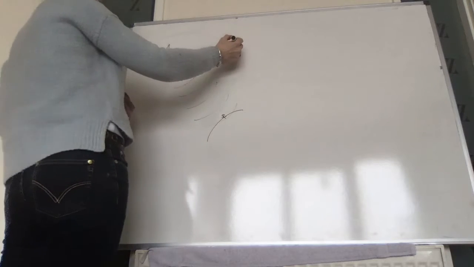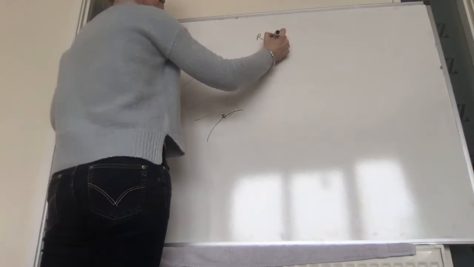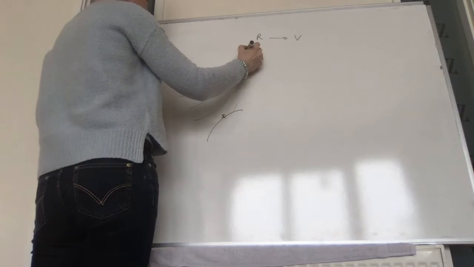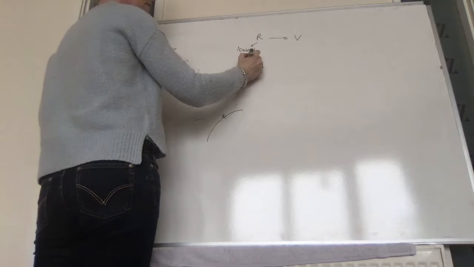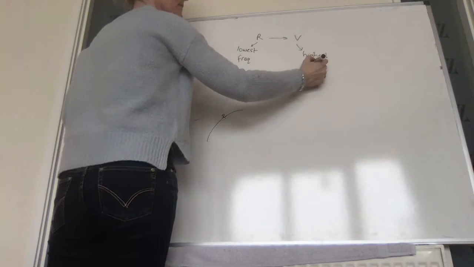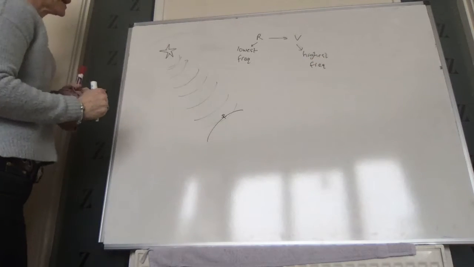Now, the frequency of light is associated with the colour. Going from red to violet, red is associated with the lowest frequency. We will do a lot more about this later. Violet is associated with the highest frequency. So the frequency of light really determines its colour.